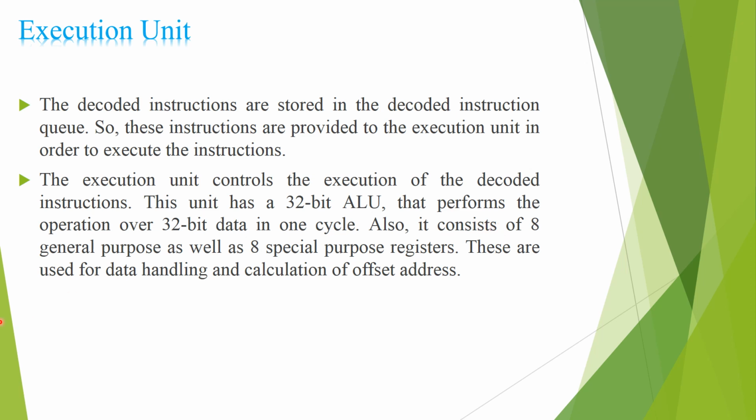Also, it consists of 8 general purpose as well as 8 special purpose registers. These are used for data handling and calculation of offset addresses, right? Execution unit has an ALU and different registers. In the execution unit, different arithmetic and logical operations are performed on an instruction and the result is stored in a register.